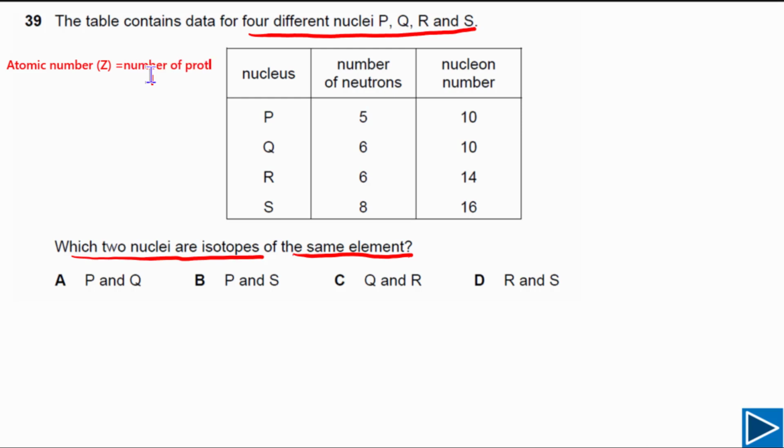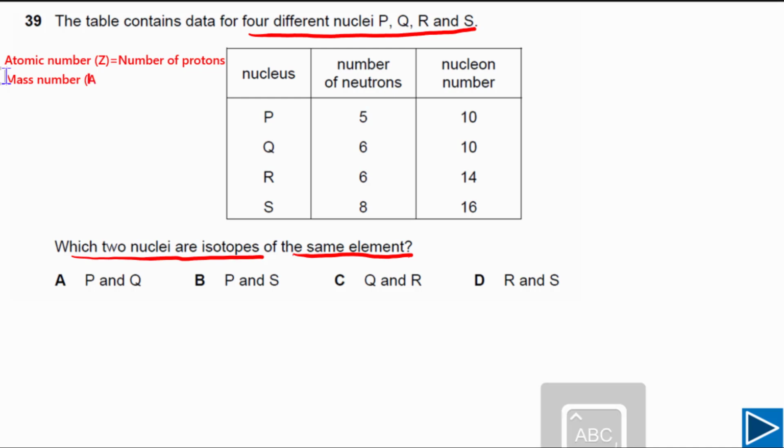The symbol for mass number is capital A, and mass number is also equal to nucleon number. Mass number and nucleon number are equal to the number of protons plus the number of neutrons in the nucleus.